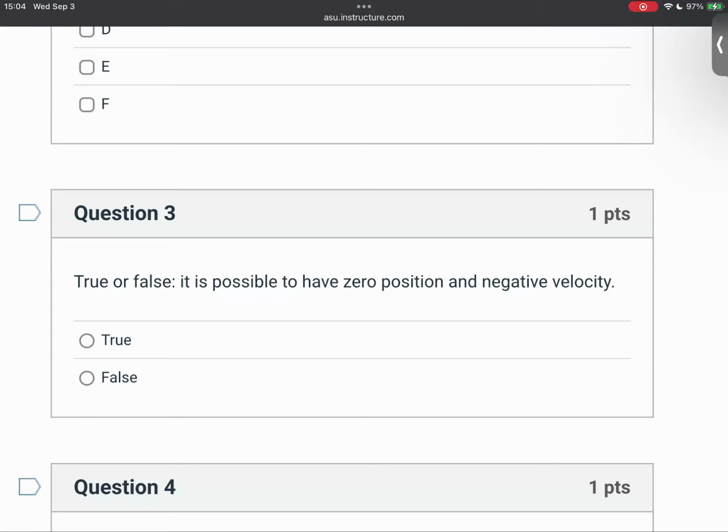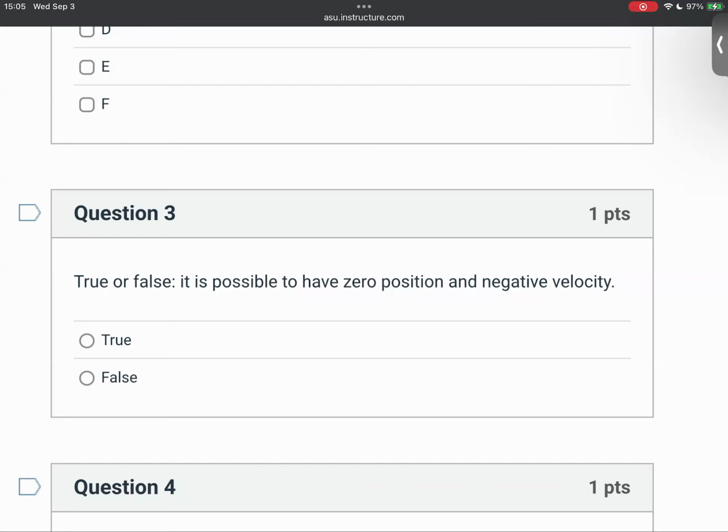Is it possible to have a positive velocity and zero acceleration? Acceleration is how fast velocity changes. Zero acceleration. Acceleration is the slope of velocity. Correct answer is yes. Here, I'm moving with positive velocity and I am not accelerating my hand.